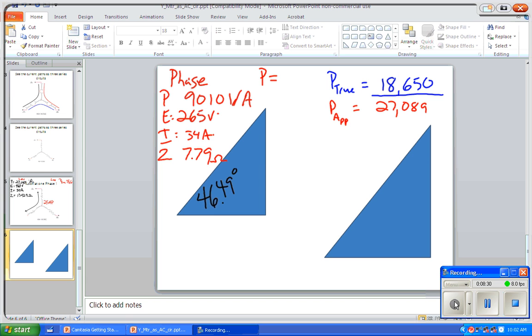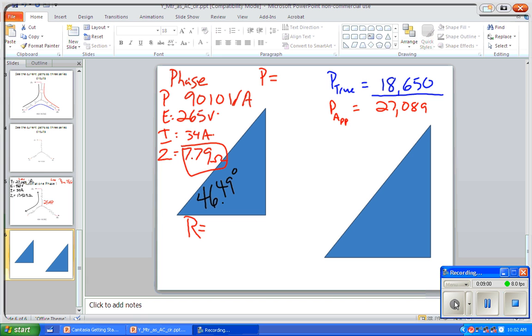Okay, so we can say that we know the impedance of this thing right here. That's our impedance. Goes right here. If that's true, we can find our resistance, can't we? Okay. So what is the resistance of this motor? We're back in the cosine.